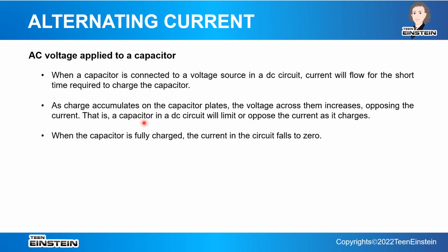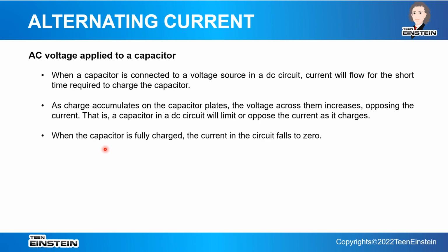As charge accumulates on the capacitor plates, the voltage across them increases, opposing the current. When the capacitor is fully charged, the current in the circuit falls to zero. This is the case when you connect a capacitor to a DC voltage.